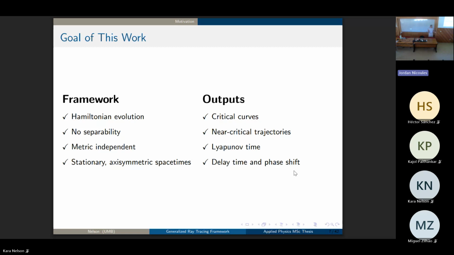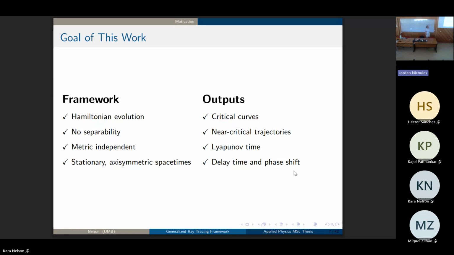So by studying these specific trajectories, we can learn a lot about the underlying spacetime. We also took a look at critical exponents, critical quantities. So instead of a qualitative view of the observables, we can get a quantitative calculation and description of the spacetime.